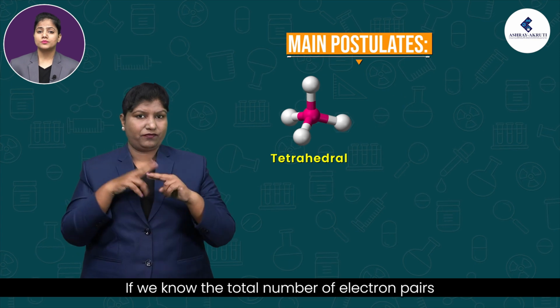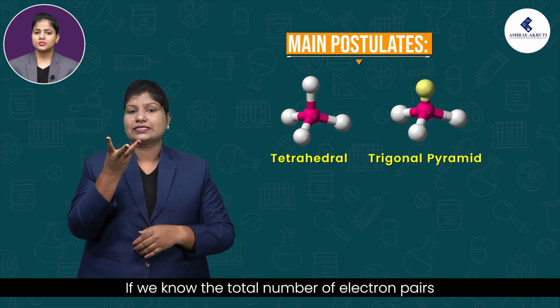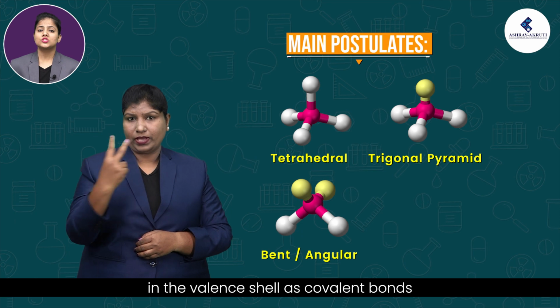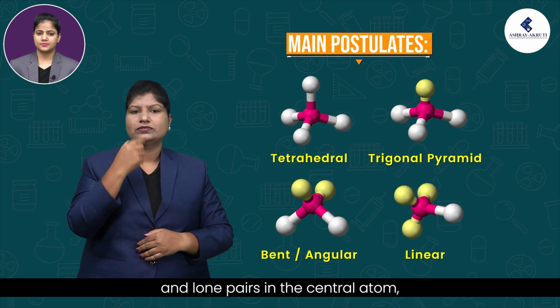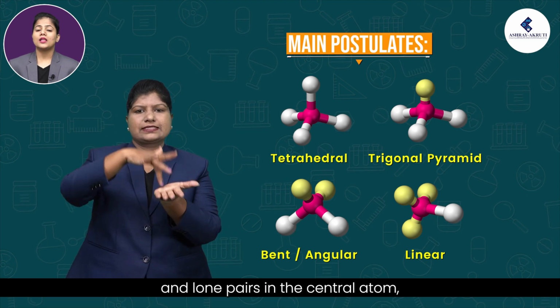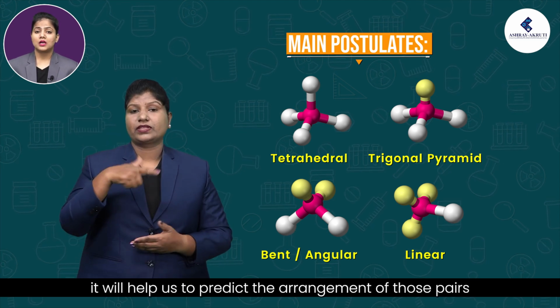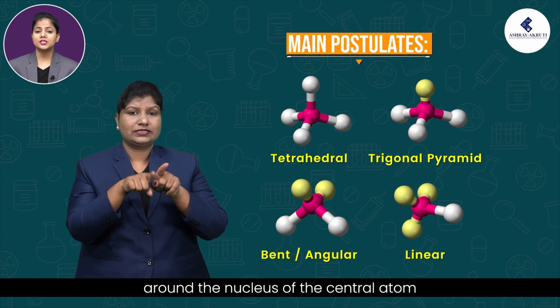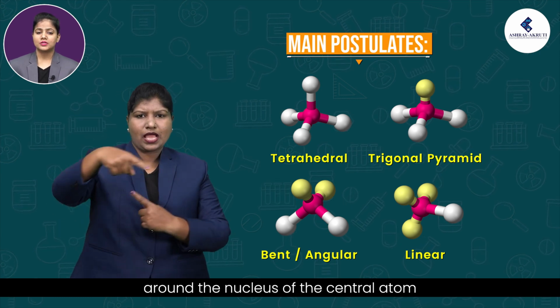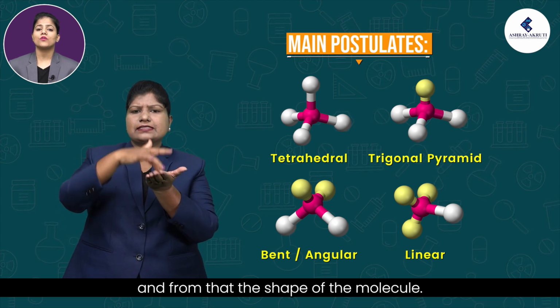If we know the total number of electron pairs in the valence shell as covalent bonds and lone pairs in the central atom, it will help us to predict the arrangement of those pairs around the nucleus of the central atom and from that the shape of the molecule.